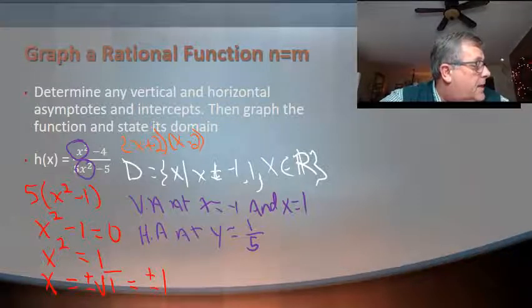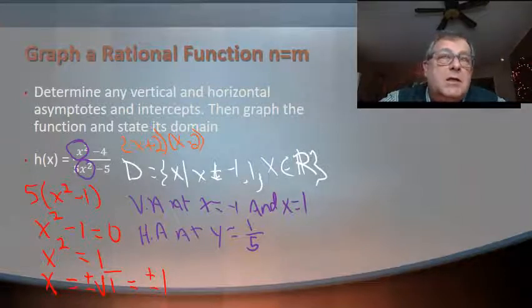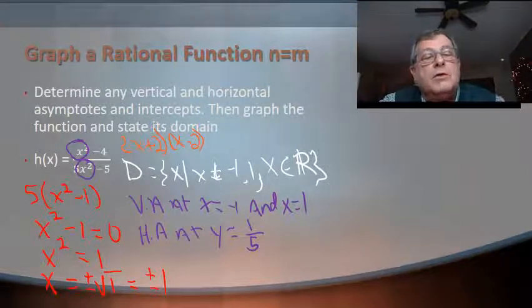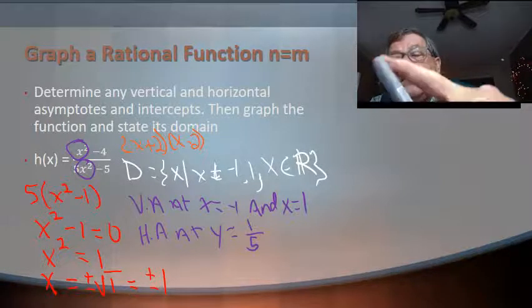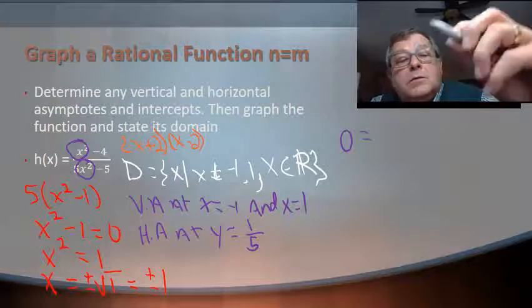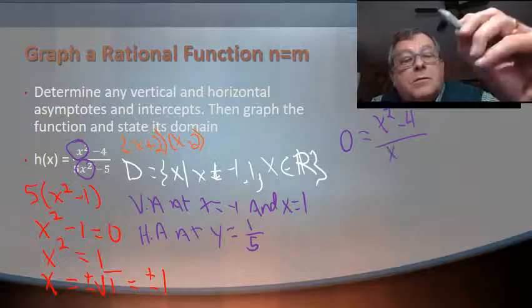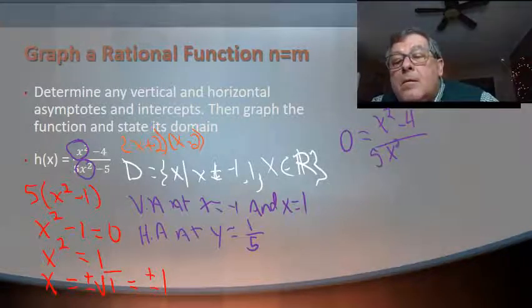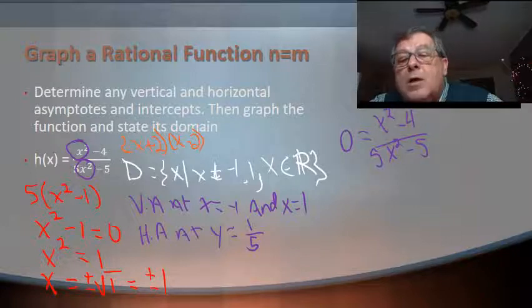So I should have a horizontal asymptote at that point. Okay, let's determine x and y intercepts. Let's do the x intercepts first. So I set y equal to 0. So we're going to say 0 equals x squared minus 4 over 5x squared minus 5. Again, I'm going to multiply both sides of that equation by 5x squared minus 5. That's going to equal 0.